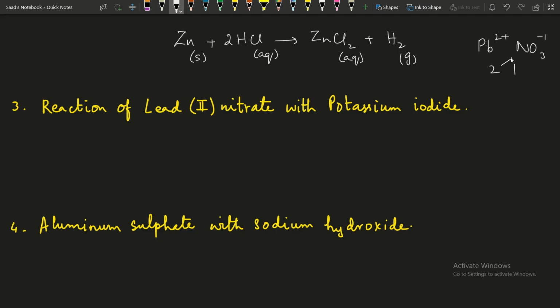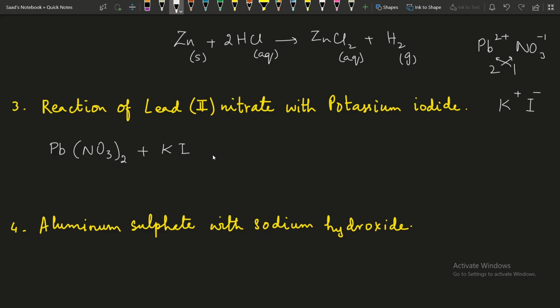So I'll swap these numbers and write the formula as Pb(NO3)2, plus potassium iodide. Potassium belongs to group 1. It has a charge of positive 1. Halogens have a charge of negative 1, so they will balance each other. So the formula for potassium iodide would be KI.